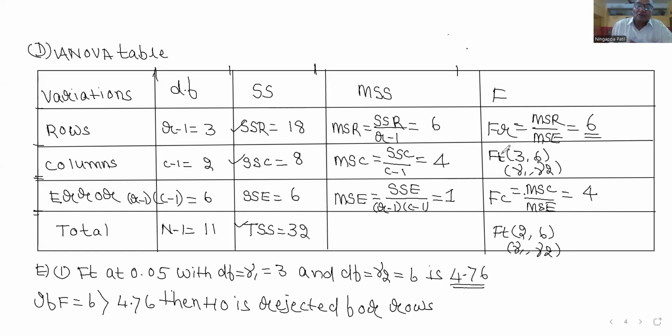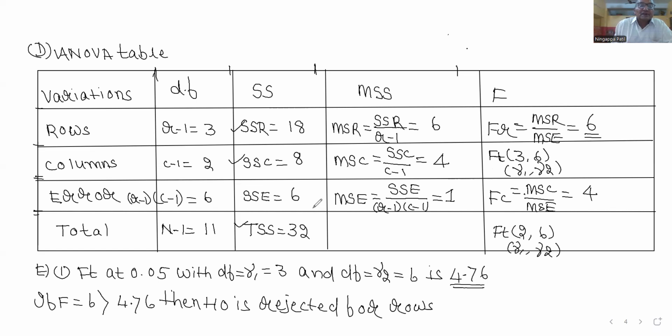Then look here, table value you have to find from the table. For that purpose, MSR has degrees of freedom 3, and MSE, look here, has degrees of freedom 6. These are mu1 and mu2. You can find the table value of FR.